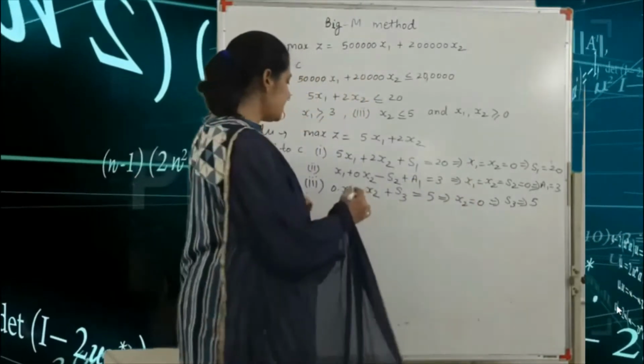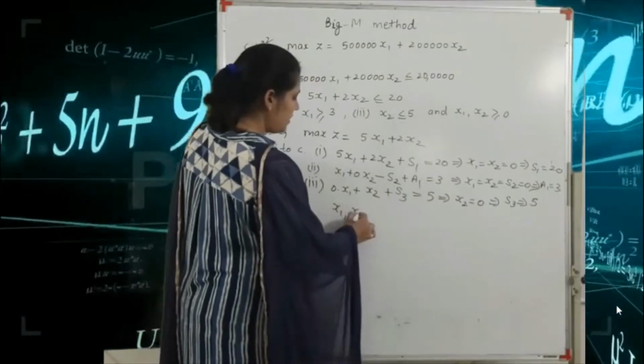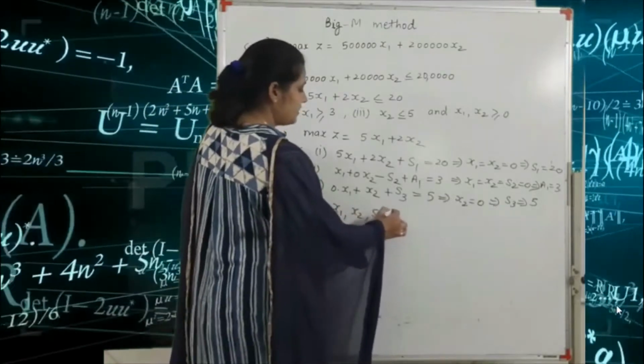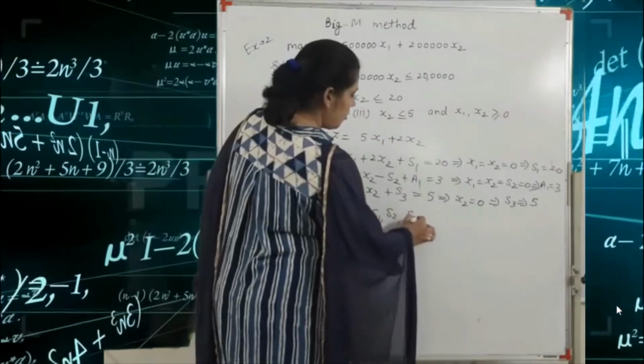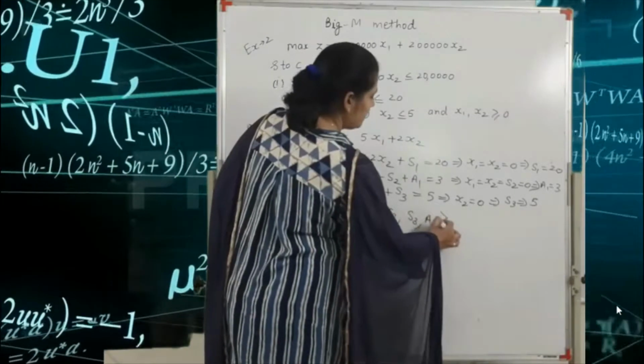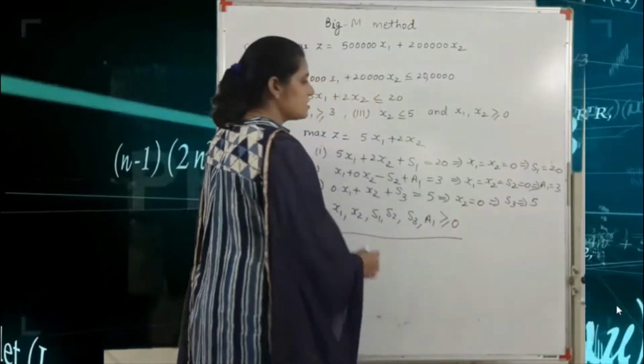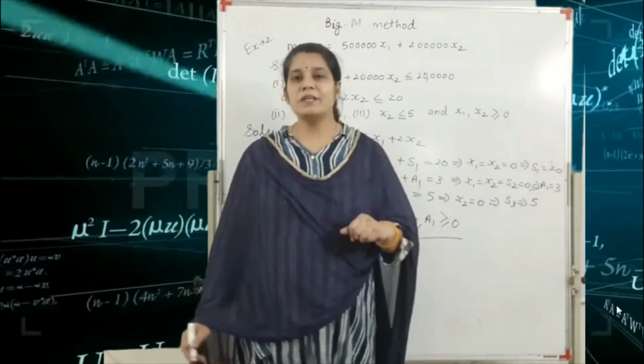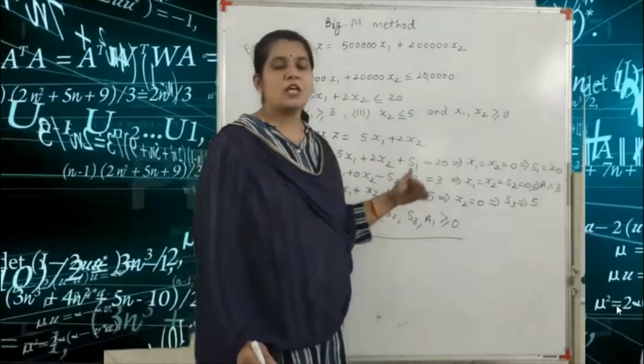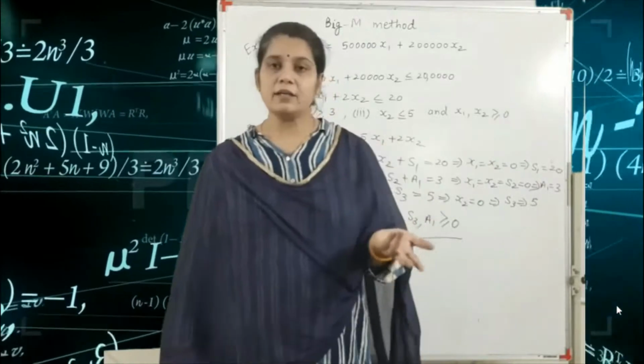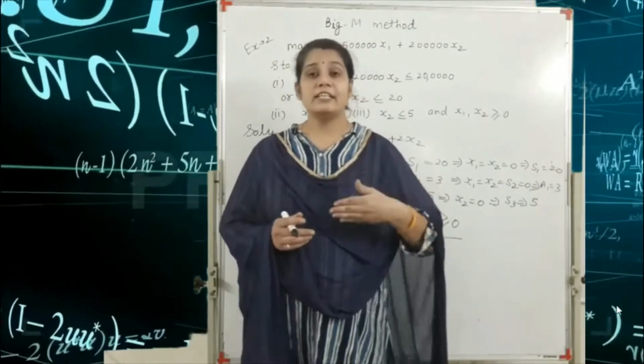So we write x1, x2, s1, s2, s3, a1 greater than or equal to 0. According to these values, we map table 1, the initial table.